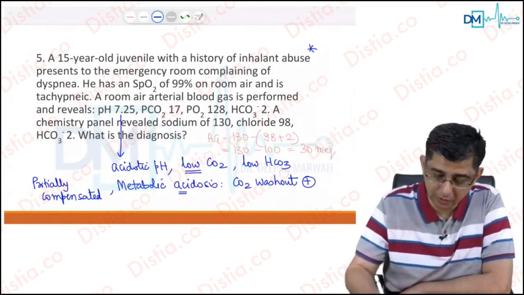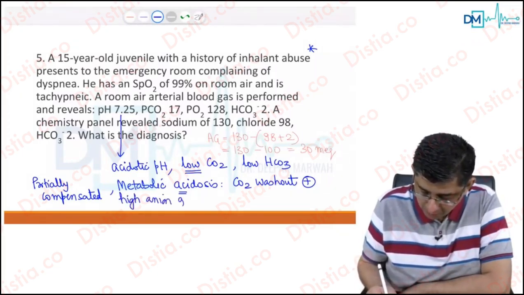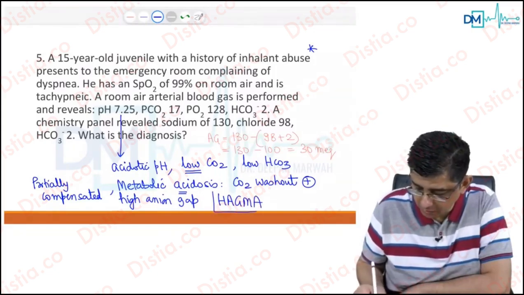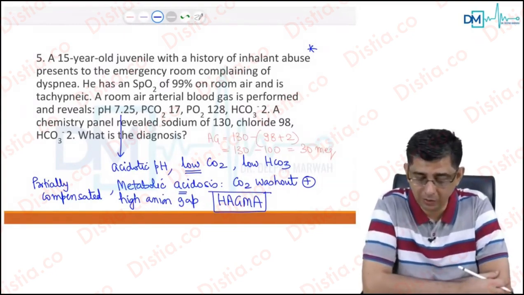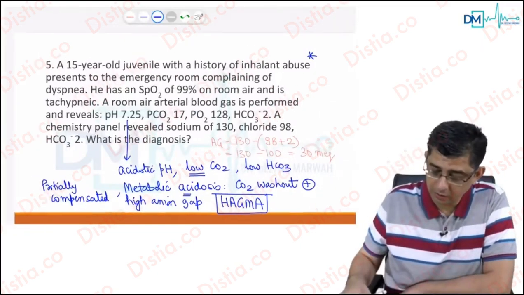So my diagnosis for this guy is HAGMA, that is partially compensated high anion gap metabolic acidosis. You will notice in the case file we write the word HAGMA, that is high anion gap metabolic acidosis, and this is partially compensated in this patient in a sense that the carbon dioxide values are less than normal in this patient.